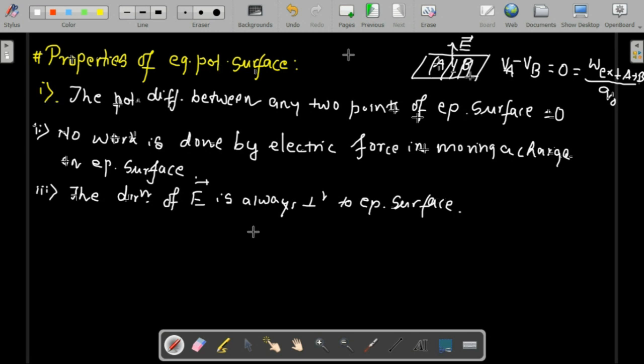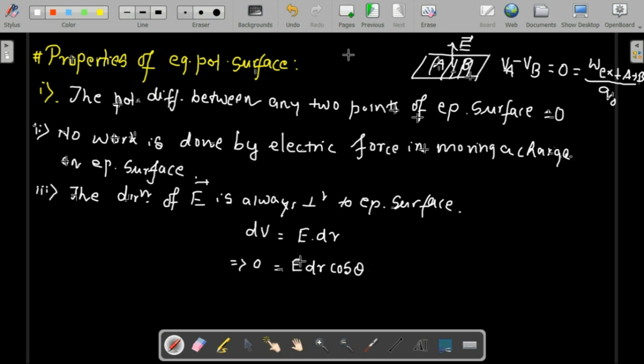If we talk about dV, we have already seen that it is nothing but E dot dr. And we are saying that it's an equipotential surface, so the difference dV will always be equal to 0. There is no change in potential. E dot dr means I can simply write it as E dr cos theta.